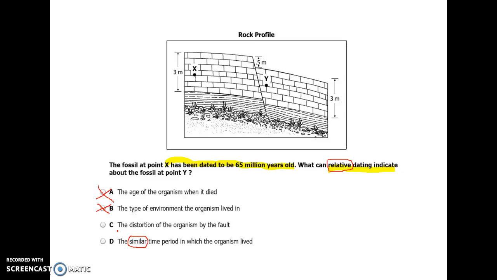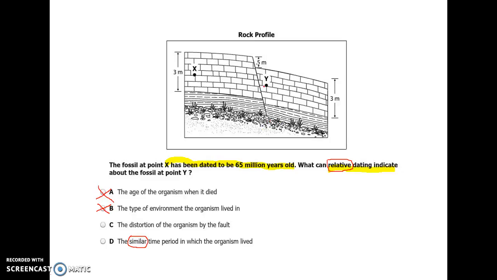So then letter C, the distortion of the organism by the fault. If we think back to our principles of superposition and our laws of intrusion, this fault right here, this line, is where it was broken and this piece dropped down.